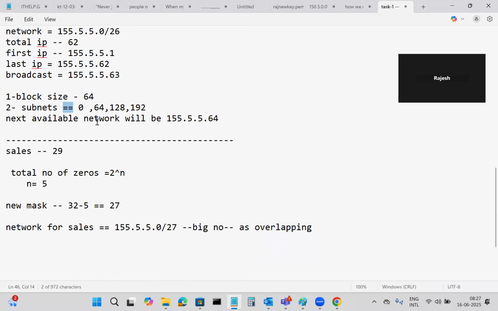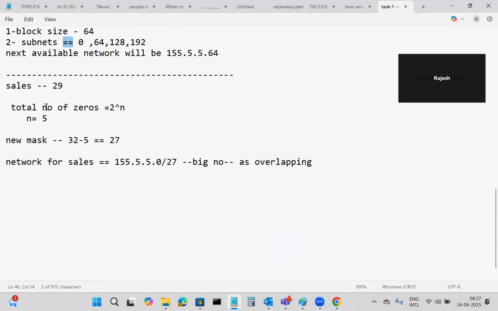That next available network will be used in the next one, which is the sales department. So for the sales department, my new network will be 155.5.5.64 with mask 27. This I will use. Got the point?